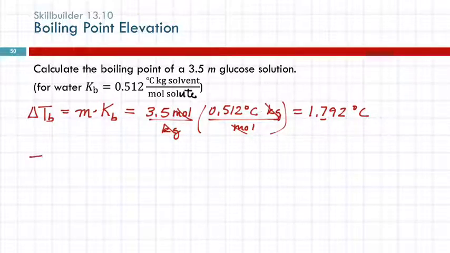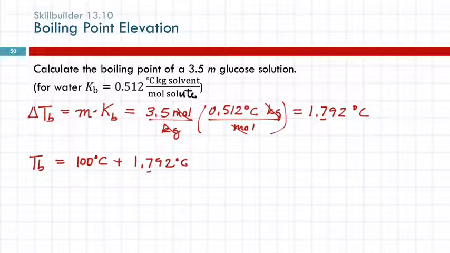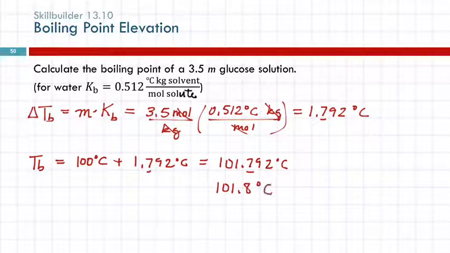So the new boiling point is the original boiling point, which is what? 100 degrees Celsius, plus the change. So 101.792 or 101.8 degrees Celsius is the temperature at which the water will boil.